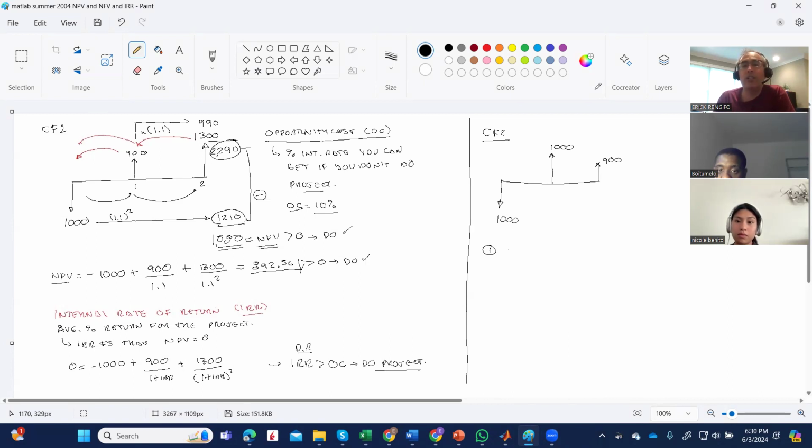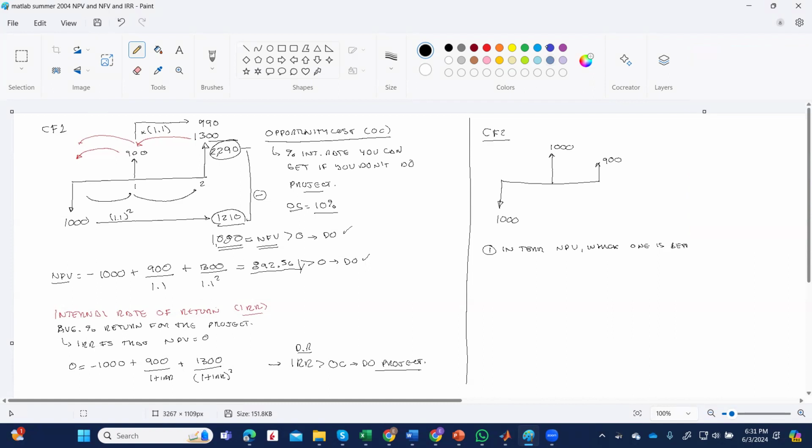First question: in terms of the net present value, which one do you select? Now in terms of the IRR, which one is better? Do they contradict?